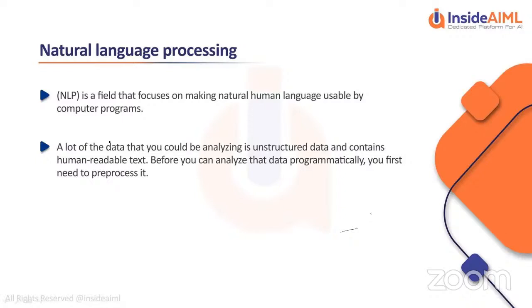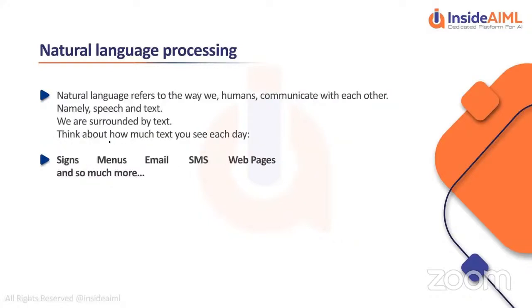Suppose we are chatting with each other, messaging each other, I am sending you an SMS and you are replying back with an SMS. That is text data. And text data is always unstructured data. The computer cannot understand it directly. We need to do some processing before we use the data. So let's see what steps we need to follow.